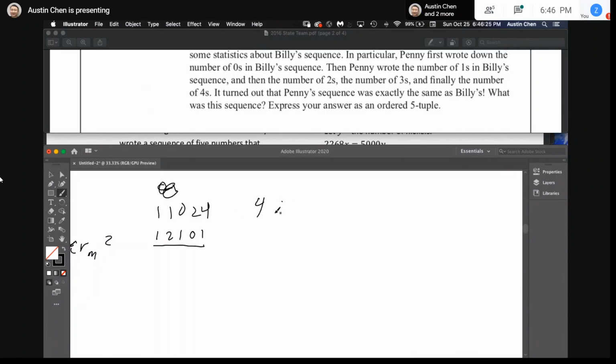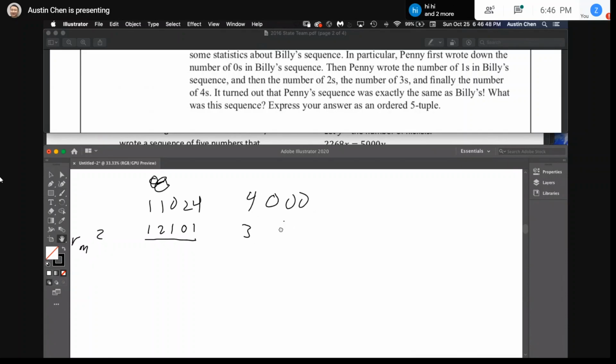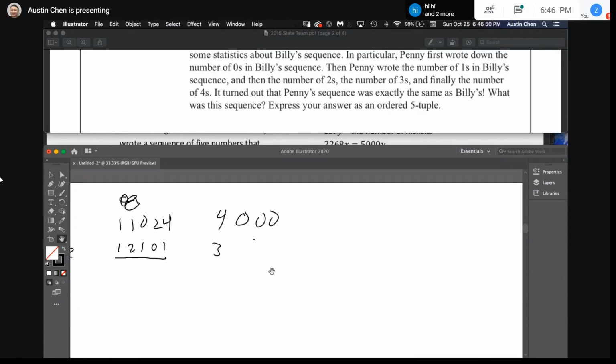But if we have three zeros and a one, then our statistical sequence can't describe that, because we're going to have three zeros somewhere. So our statistical sequence has to start with a three, but we don't have any threes in this sequence, so it's impossible to match them together. So we can't have any fours. Now we know our sequence can only have zeros, ones, twos, and threes.